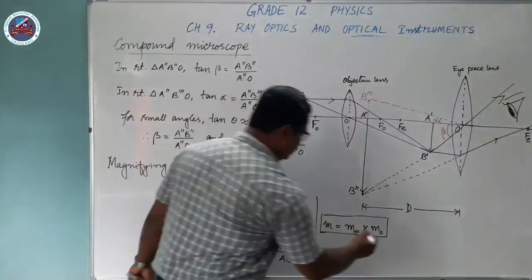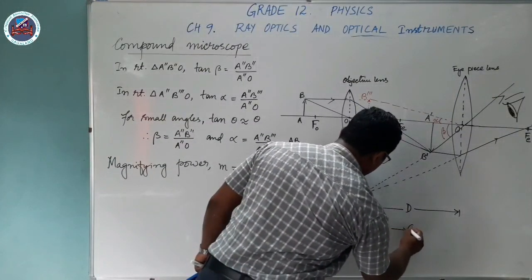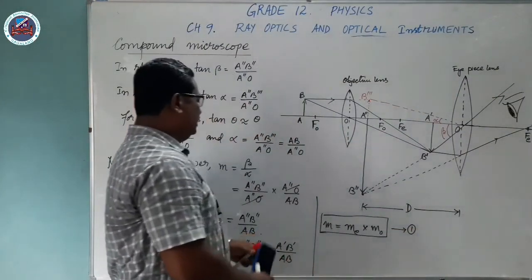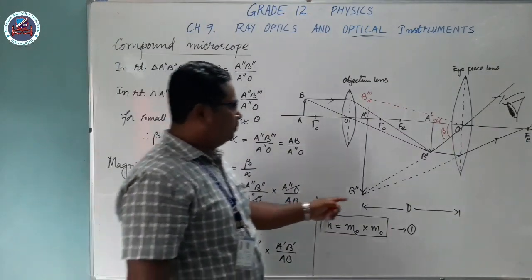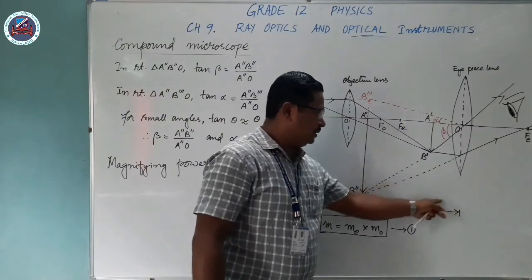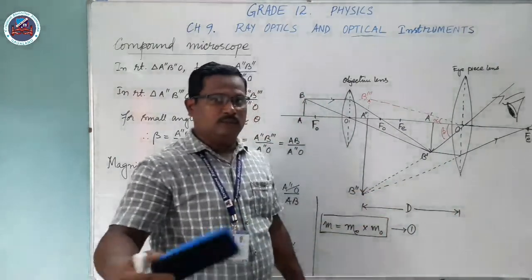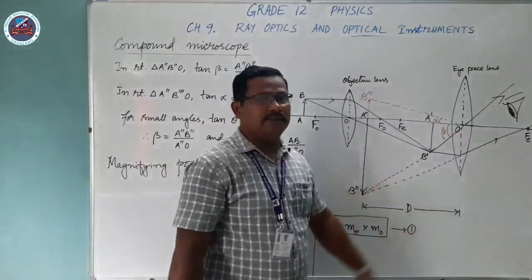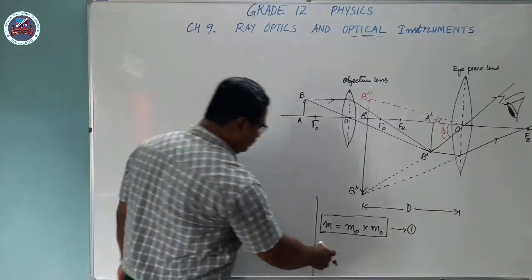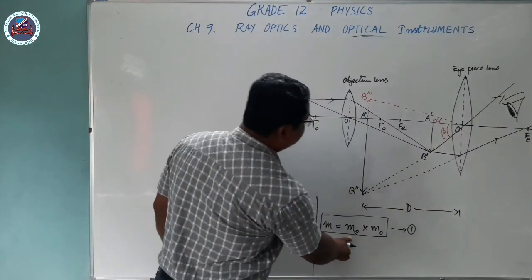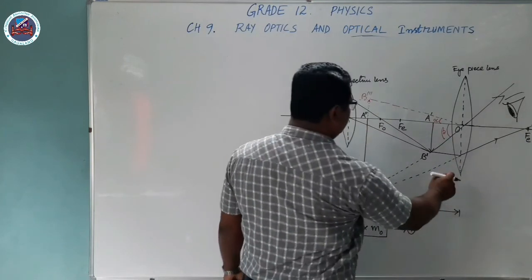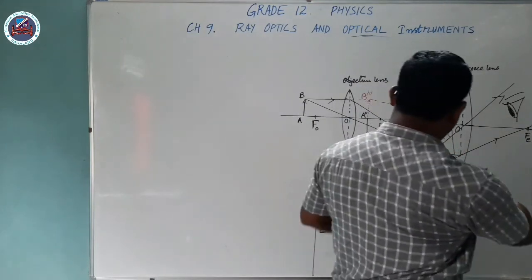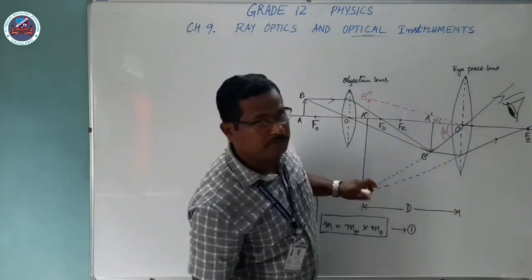So this relation you will be using now to get the expression for magnification when the image is formed at the least distance of distinct vision, as well as under normal adjustment when the image is formed at infinity. Now let us see one by one. Magnification produced by the eyepiece lens, ME, you already know. It's exactly like a simple microscope, you just keep it inverted.